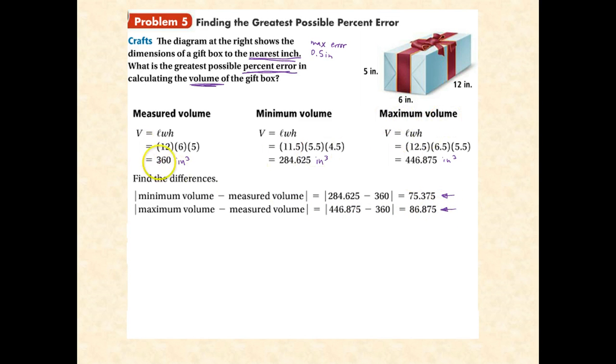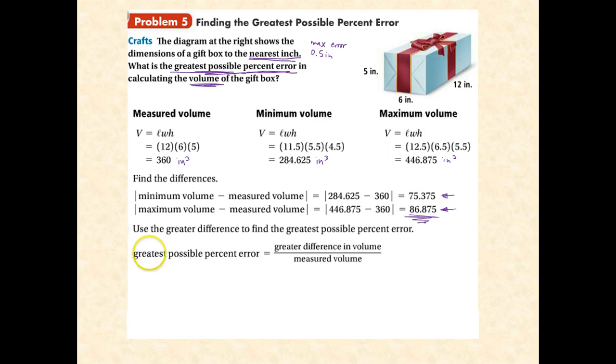Well, which one is further away from the measurement? So the greater difference is the one that's going to get us the greatest possible percent error. So we're going to do greatest possible percent error is greatest difference in volume divided by measured volume. 86.875 divided by 360 is about 0.24, which is approximately 24%.